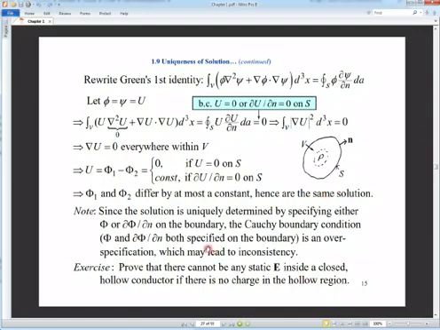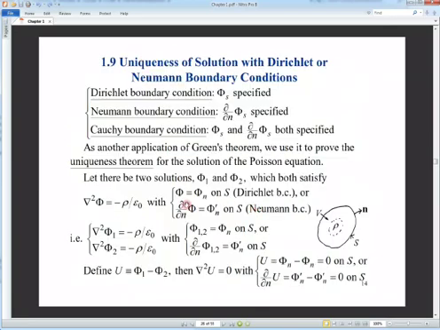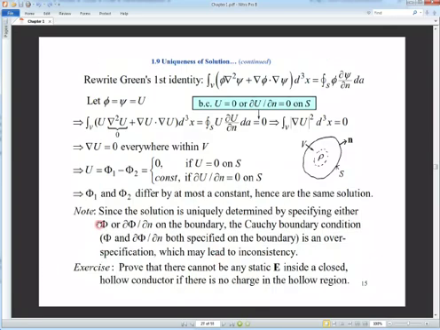This is the theorem on the electromagnetic boundary conditions. And since the solution is uniquely determined by specifying either phi or round phi over round n on the boundary, the Cauchy boundary condition is an over-specification which may lead to inconsistency.